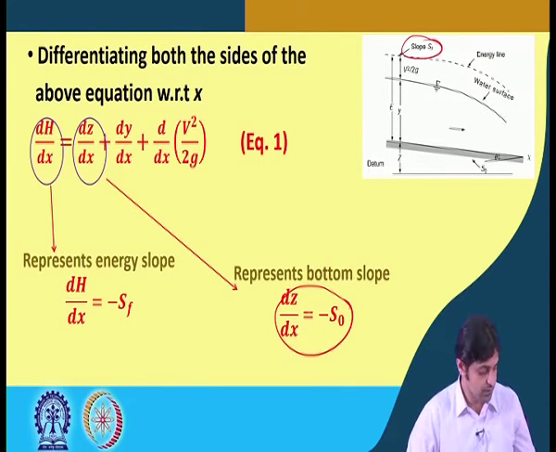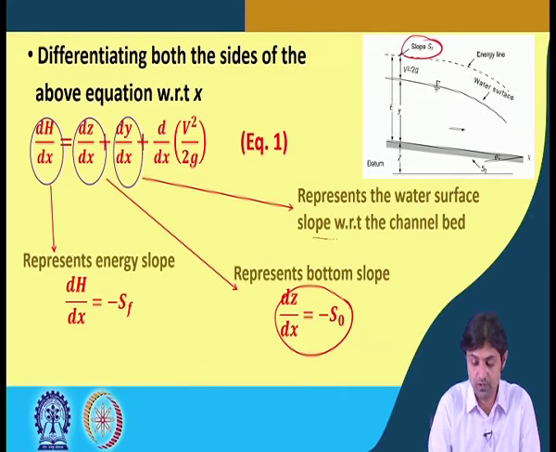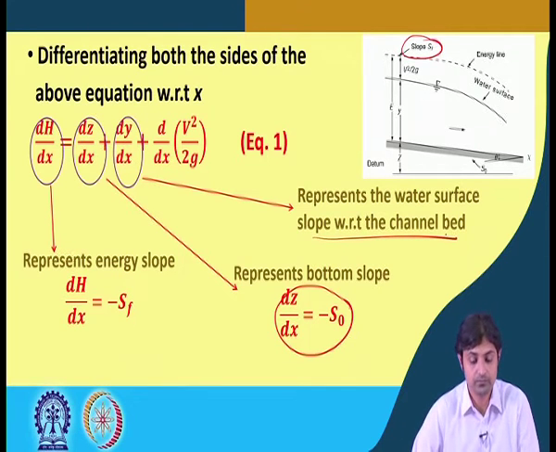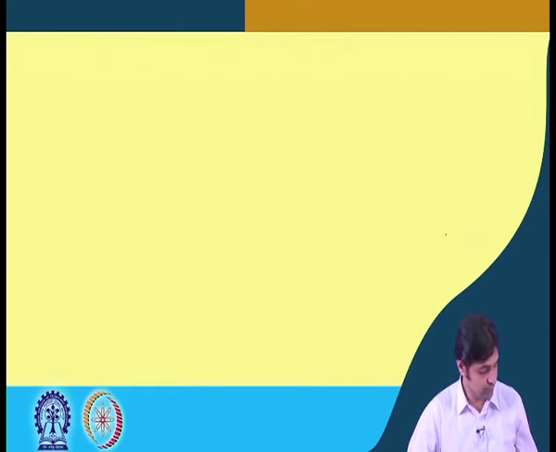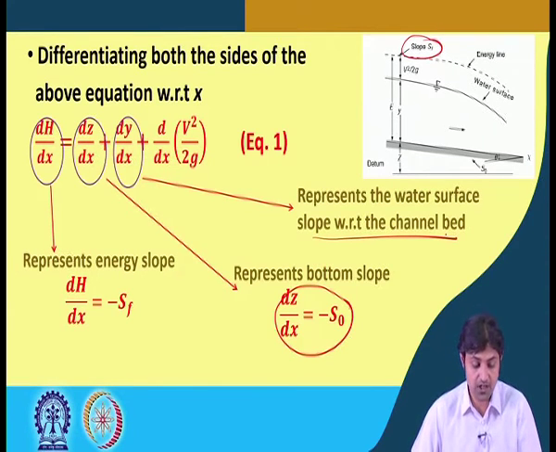This dy by dx represents the water surface slope with respect to the channel bed. So, the three terms: dH by dx represents the energy slope, dz by dx represents the bottom slope, and dy by dx represents the water surface slope with respect to the channel bed.